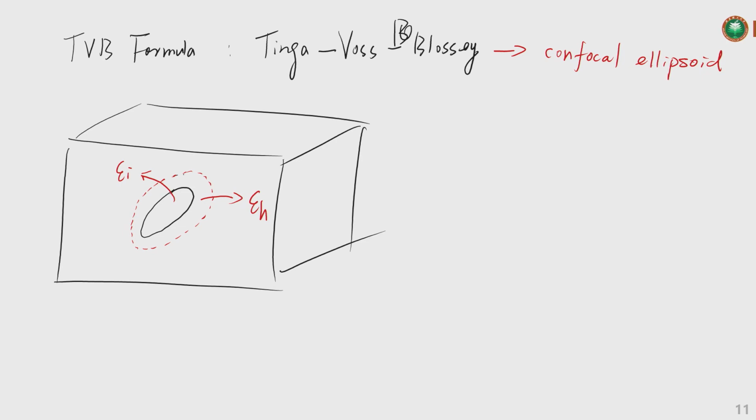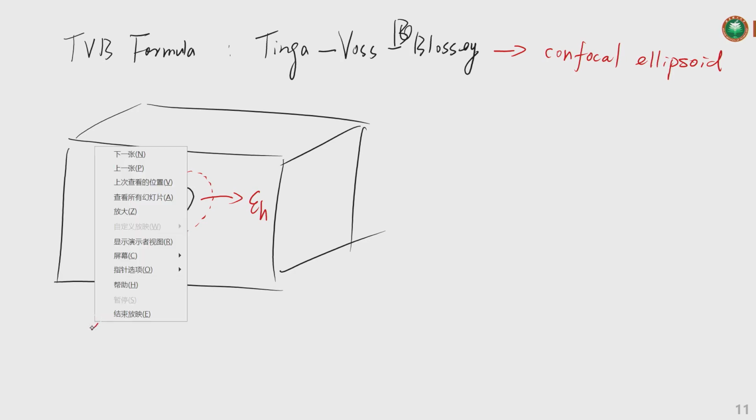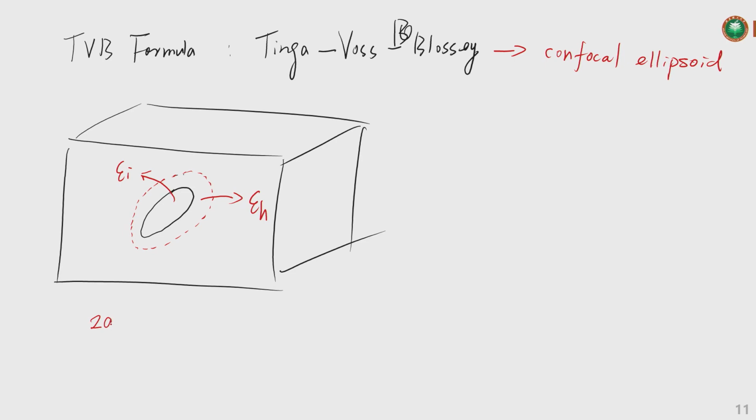Now we assume that the dimensions of the inclusion are 2A, 2B, 2C, and we call them 2A1, 2B1, 2C1. This is for the inclusion.